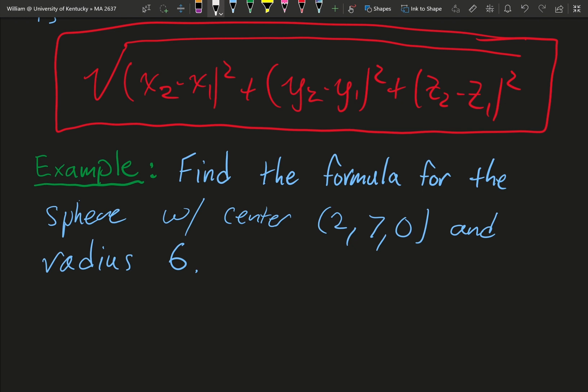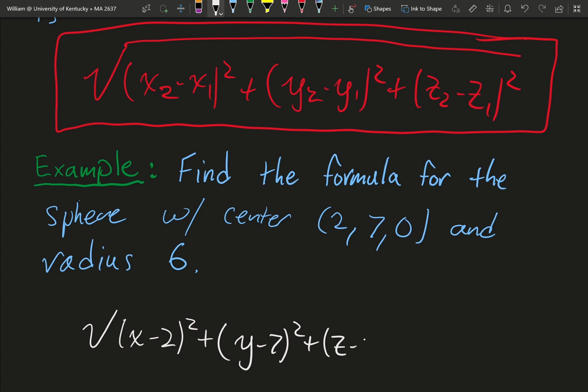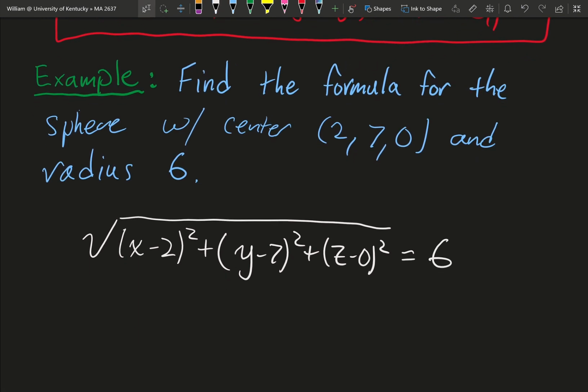Okay. So I have my distance formula here. I can say x2, y2, and z2 are just x, y, and z. And then my other point is (2, 7, 0). So that equals 6.